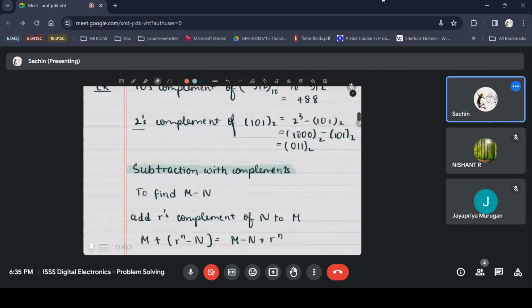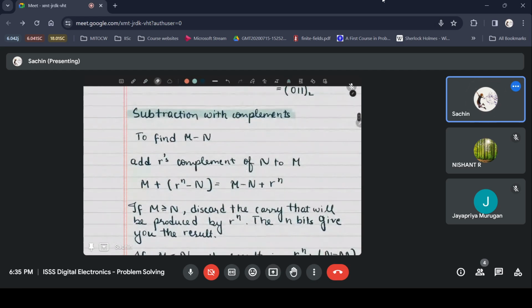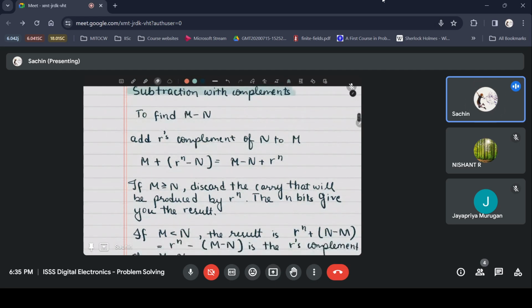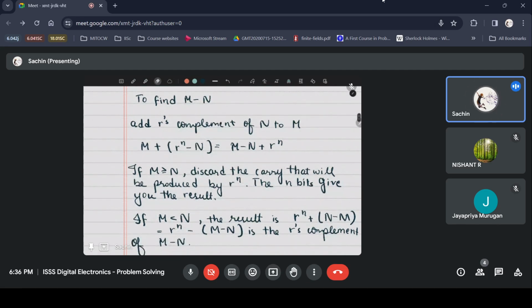So you will usually do subtraction with 2's complement or the r's complement. The same thing can be done for other base numbers also. What you do is, if you want to find M minus N, you write capital N in the r's complement form. So r's complement of capital N is r power n minus capital N, and you add it to your minuend.